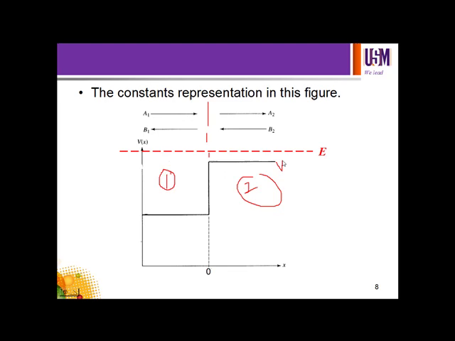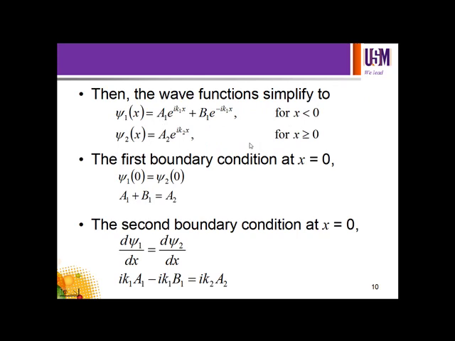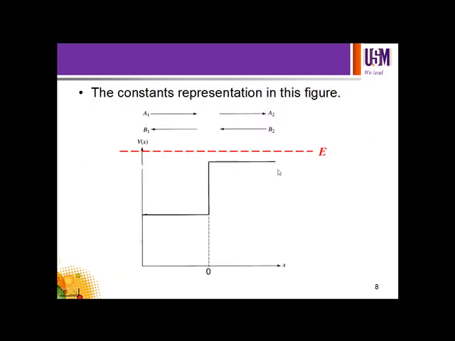E is higher than V naught. This is V naught. This is V equal to 0. So V naught is the step value of V, while V equal to 0 is here. The B2 term represents a particle originating at x equal to positive infinity. If you look in this diagram, B2 originates from positive infinity to the right there.